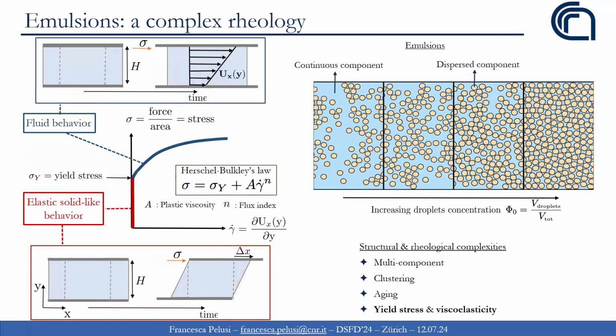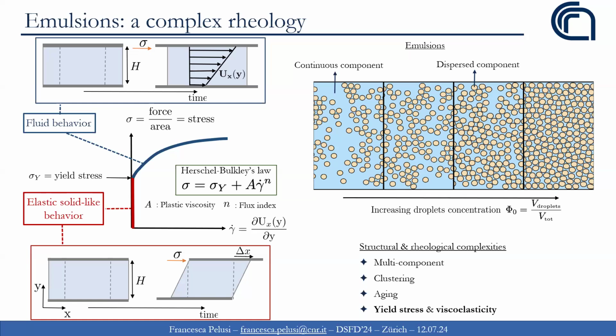As you can see here, in the case of emulsions, the rheology is complex in the sense that if you apply a stress below the critical threshold, called yield stress, then they behave in an elastic or solid-like way. Otherwise, when you apply a stress that overcomes the critical threshold, then they start to flow. This behavior is well described by the phenomenological Herschel-Bulkley law, where, as you can see, the yield stress, so the critical threshold, appears as a parameter.